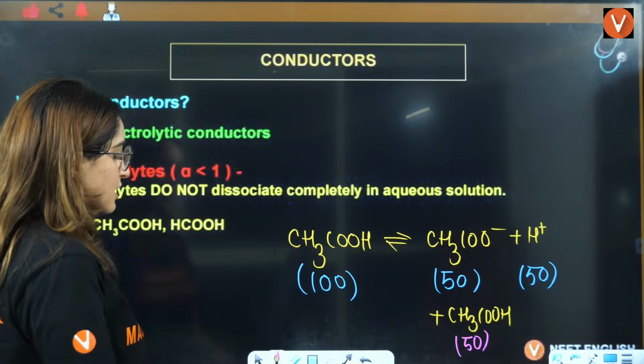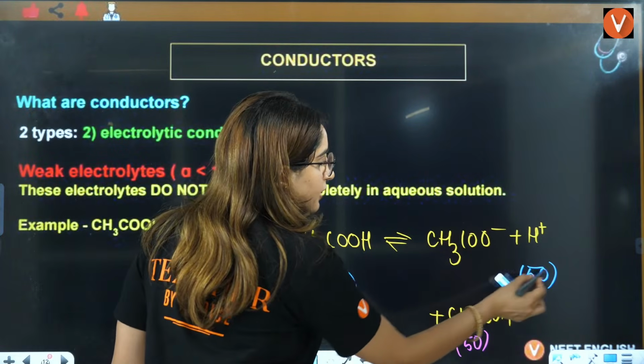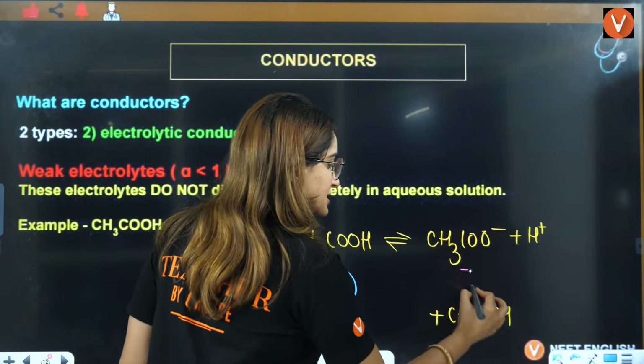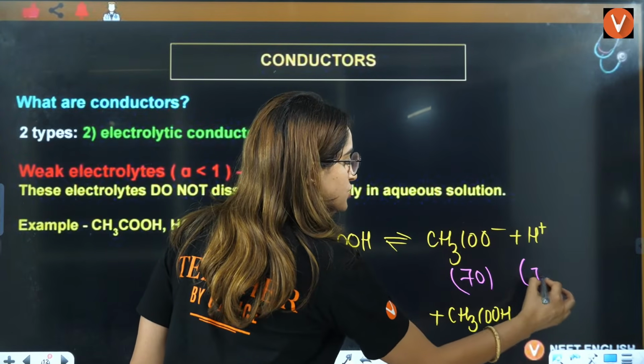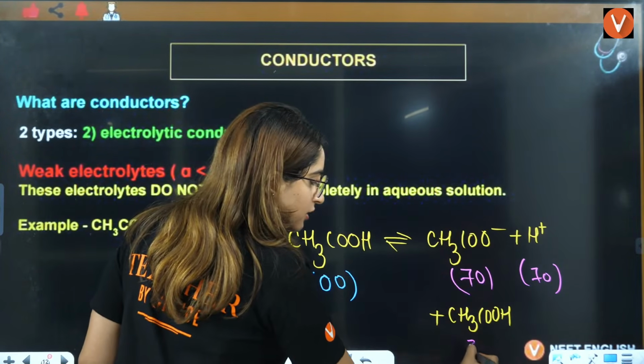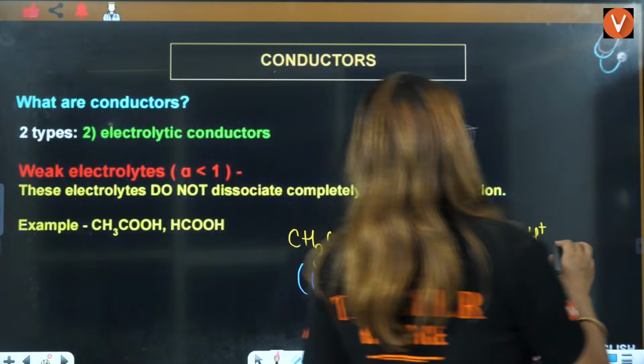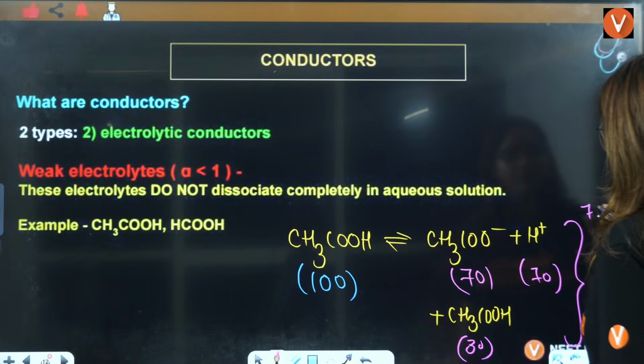Let's say it is dissociating to 70%. Then how will these two things change? That means 70 molecules are getting dissociated out of 100 and 30 molecules are intact. So this is the case of 70% dissociation.